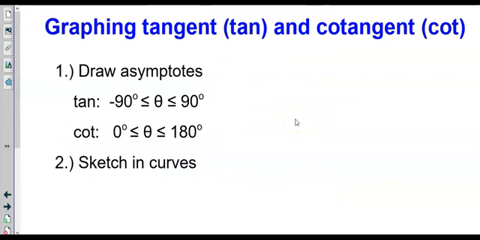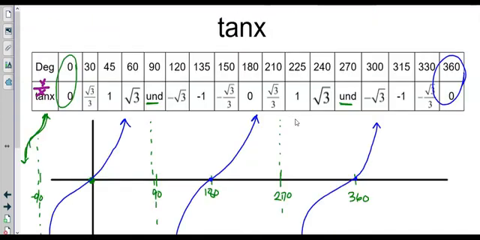All right, so the directions here are a lot easier to do for tangent and cotangent than it was to do secant and cosecant. All you want to do is draw in your asymptotes. So for tangent, your first period is between negative 90 degrees and 90 degrees. I can flip back to show you that one again.